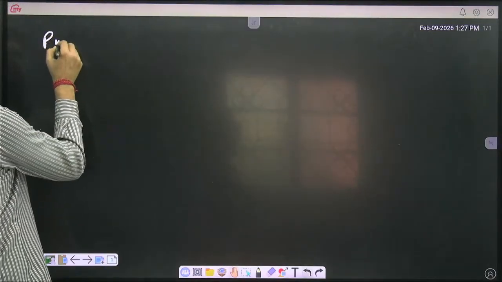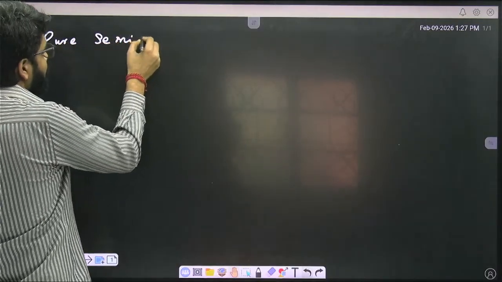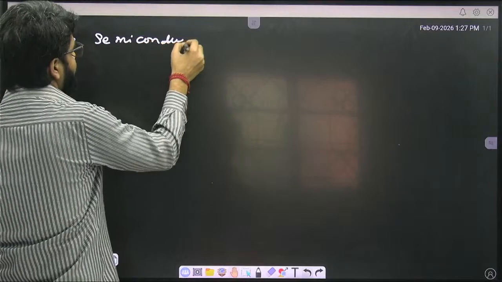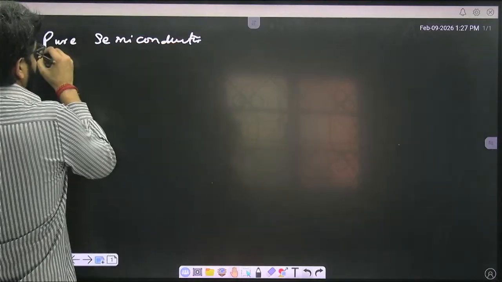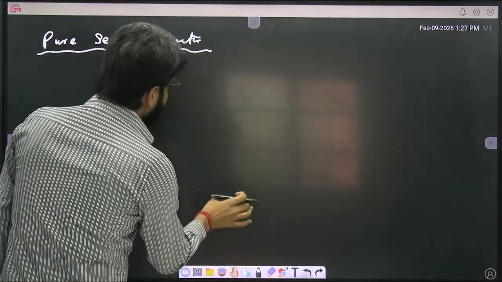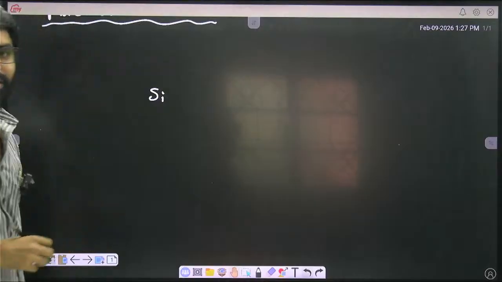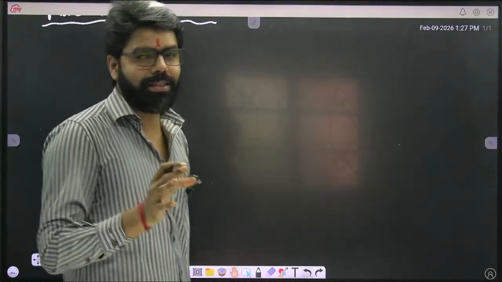You can start from pure semiconductor. Here I am taking the example of silicon. It has 4 valencies.